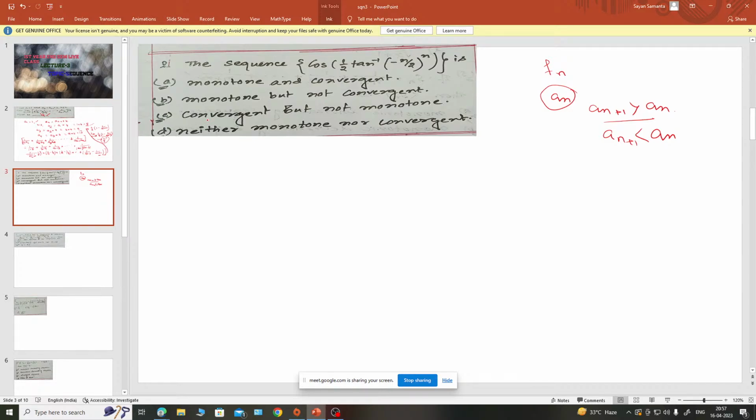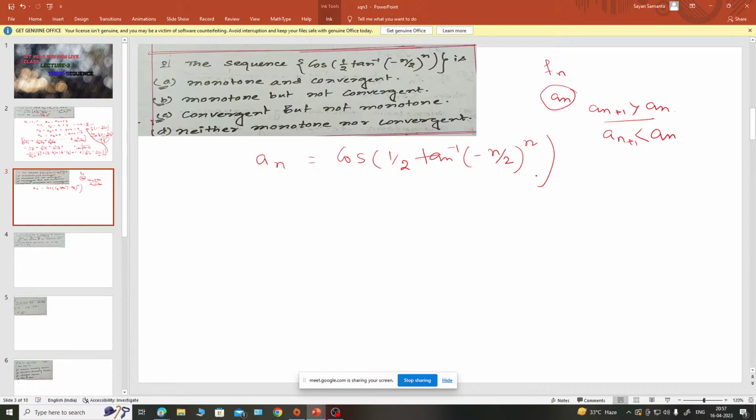So here an is equal to (cos of 1 by 2 tan inverse of minus n by 2) whole to the power n. This is the given question.